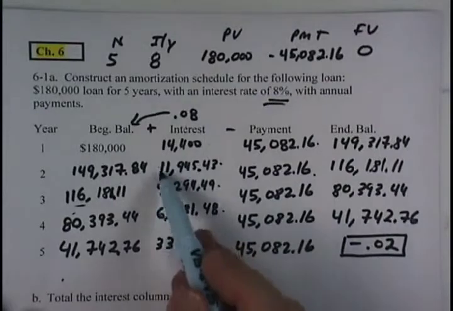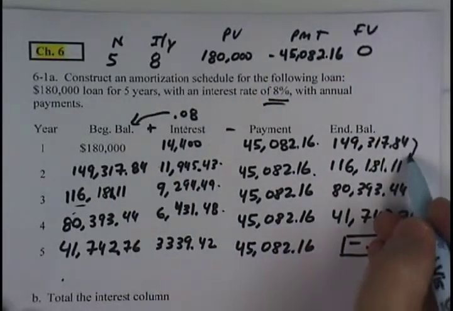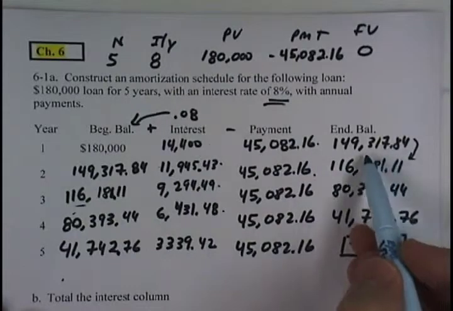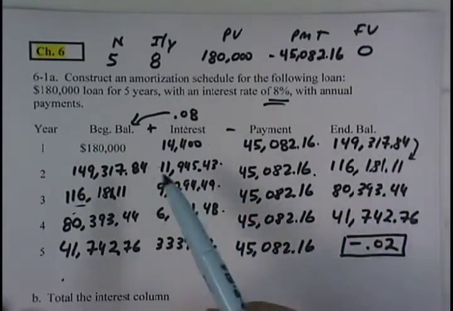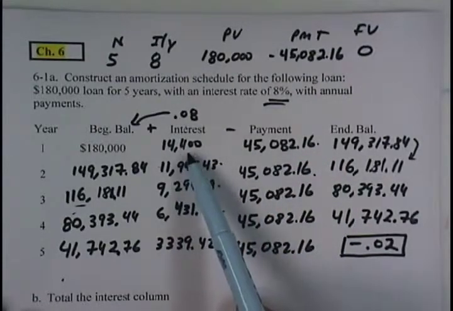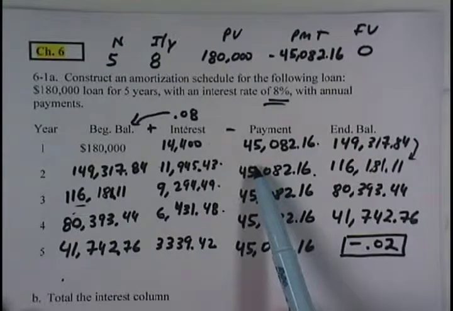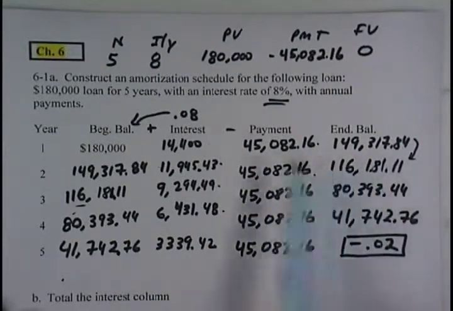So as you notice, the amount of interest charged each period becomes smaller and smaller. You'll also notice that the ending balance is going down faster and faster. That's because my payment amount is constant and the amount of interest charged becomes smaller and smaller, so each payment takes a bigger chunk off of my balance as the loan gets paid down.